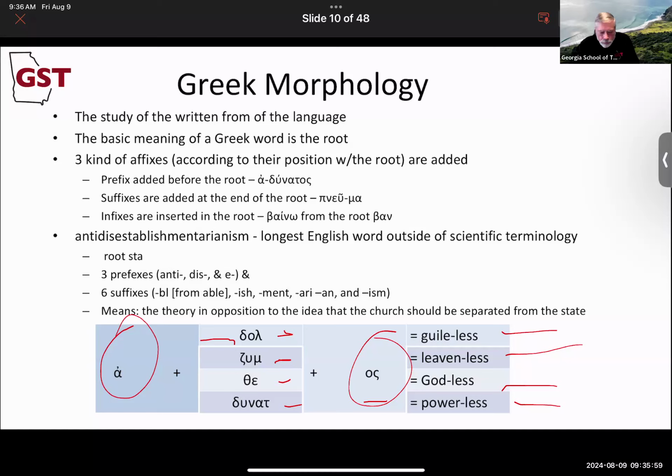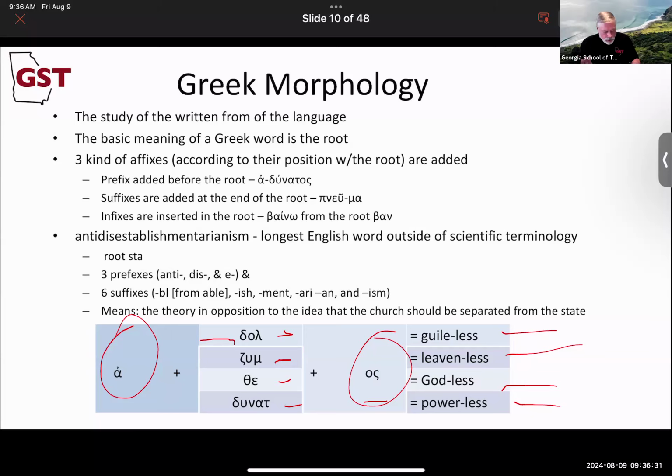Yes, I just want to make sure I heard you right. The alpha part is what's turning it into the godless. So, theos is God, and then atheos is godless. Yes, in this case, that's correct. Now, alpha can be copulative. It can be, I forget the different words for it. I just want to make sure it's that alpha that's turning it. Yeah, the alpha can function different ways.